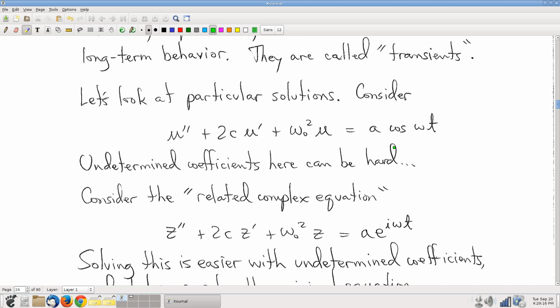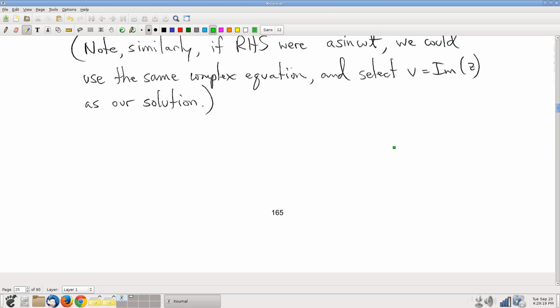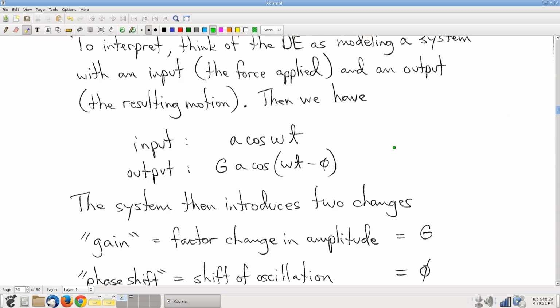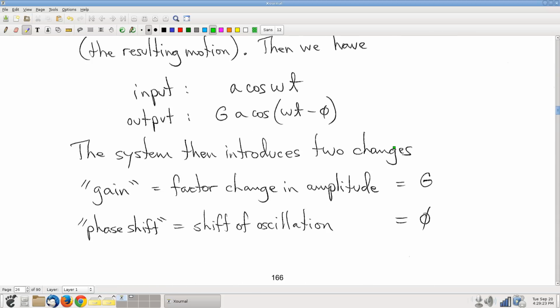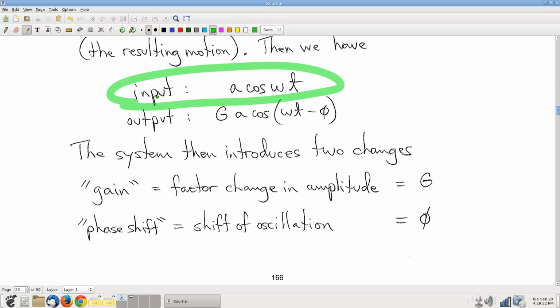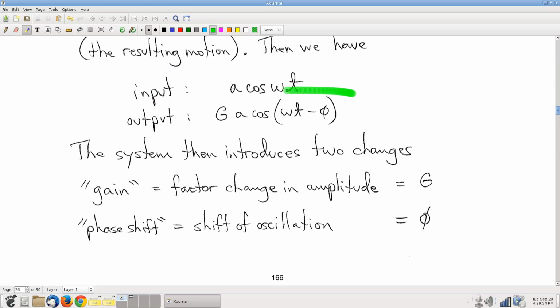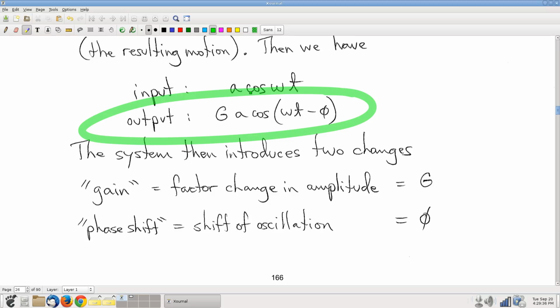So there are some similar equations that you can write down to understand, for example, audio amplifiers. And audio amplifiers take an input, which is a sine wave, and they produce an output, which is also a sine wave.